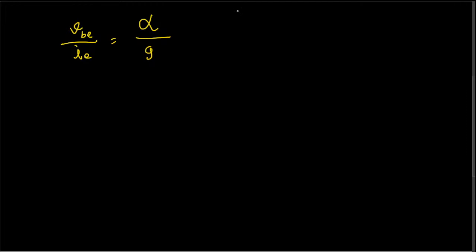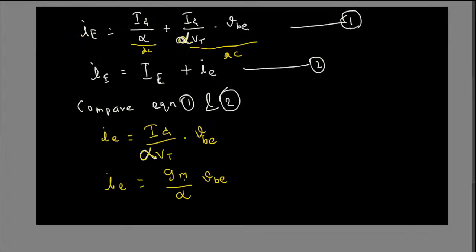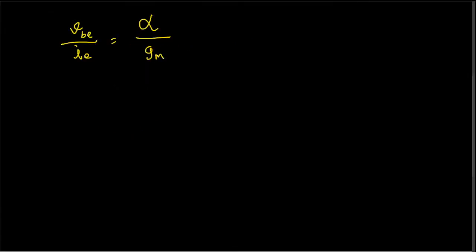And VBE over ie is nothing but re, which is equal to alpha over gm.